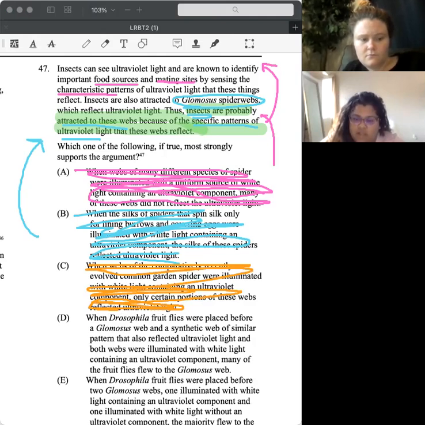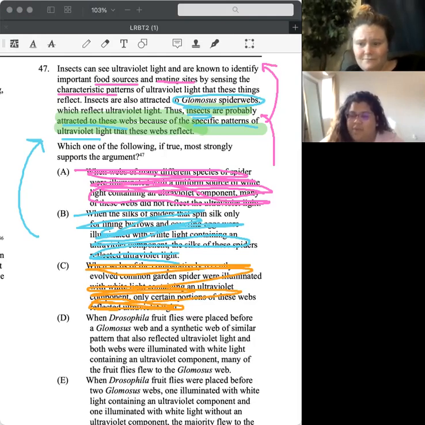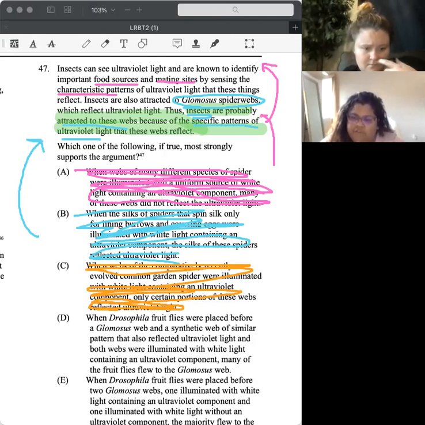When fruit flies, Drosophila, I have no idea. When fruit flies were placed before a Glasma web and a synthetic web of similar pattern that also reflected ultraviolet light, and both webs were illuminated with white light containing an ultraviolet component, many of the fruit flies flew to the web.